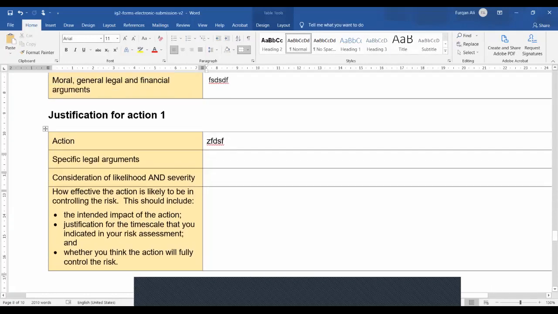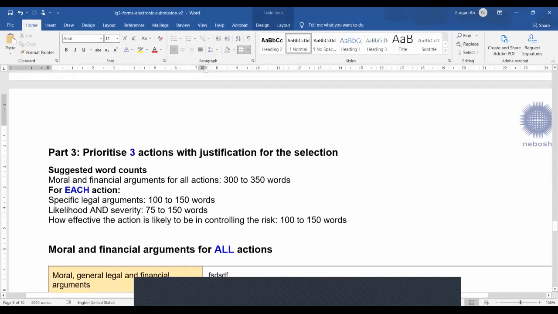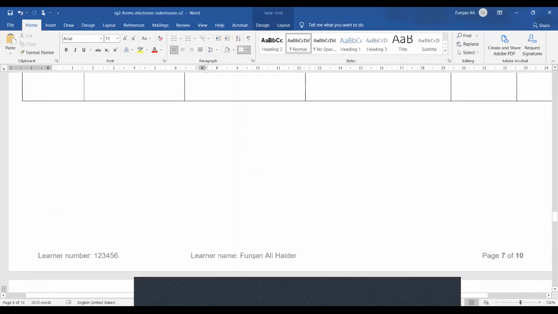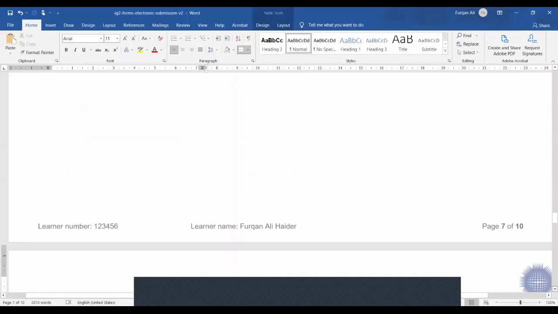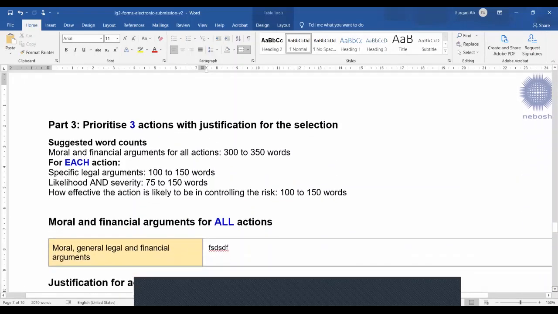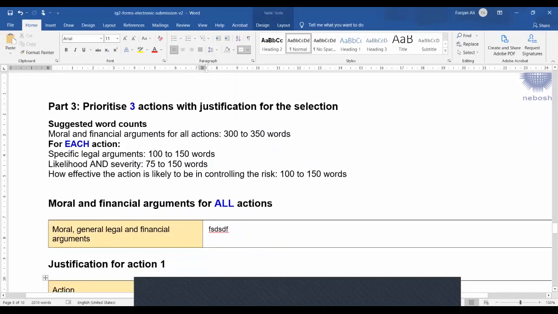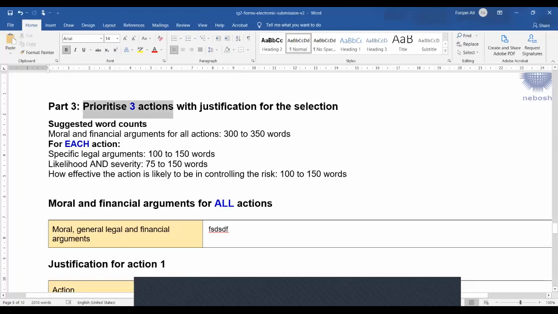Now, sorry, I moved to the wrong section. So next is part 3. Part 3 basically here is, now you need to prioritize 3 actions with justifications for their selection. And here are the suggested word counts.